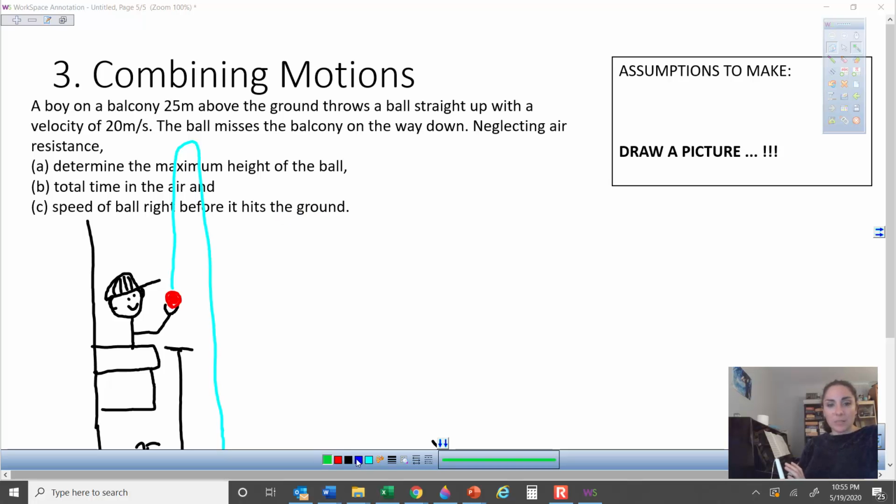You've got to organize things and figure out what we have. And by the way, you don't need to do part A first every single time. If you find part B first and then part A, it's okay. In fact, you can do part C too. The order in which you solve things doesn't matter.